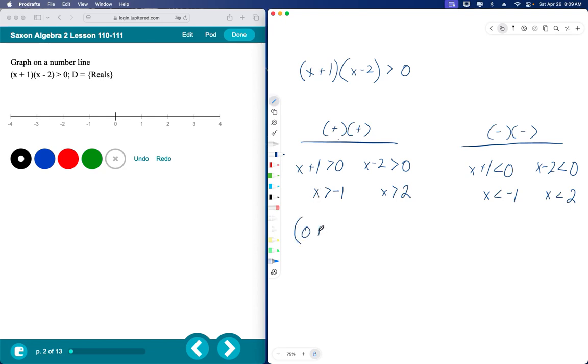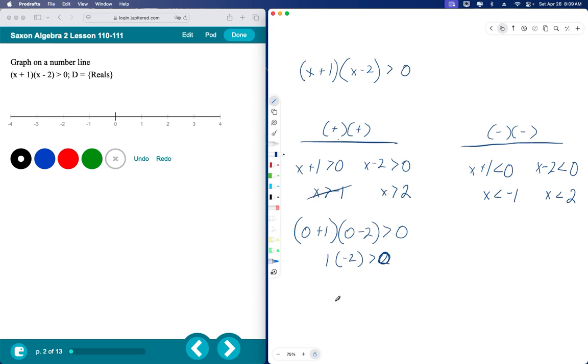So 0 plus 1, I'm substituting 0 in for x, times 0 minus 2 must be greater than 0, right? So that would be 1 times -2, which is -2. Is that greater than 0? No. So it is not going to be that term.